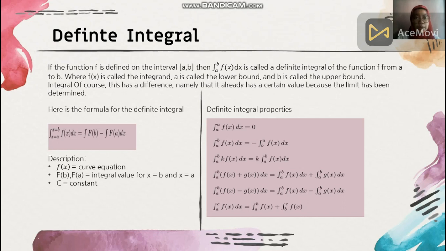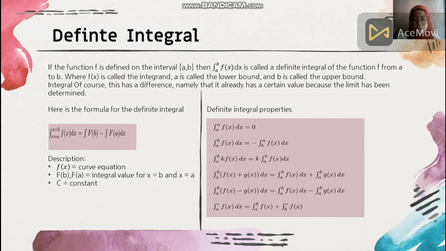Definite integral properties. The integral from a to a of f(x) is equal to 0. The integral from a to b of f(x) is equal to minus the integral from b to a of f(x).